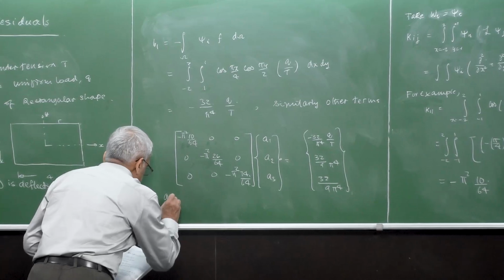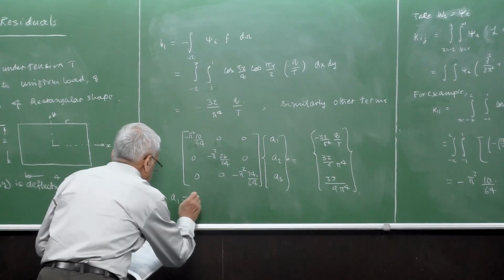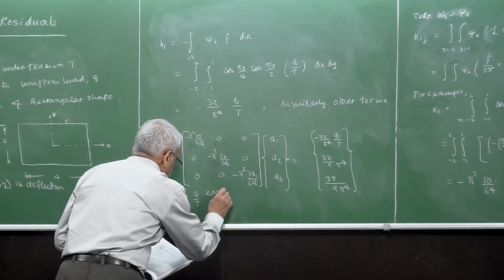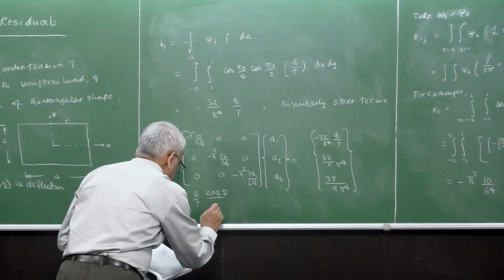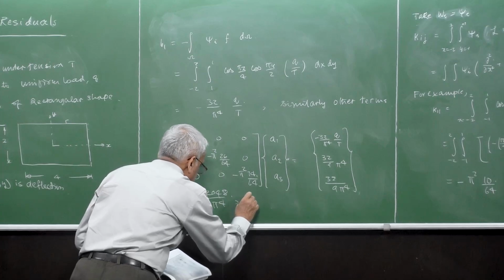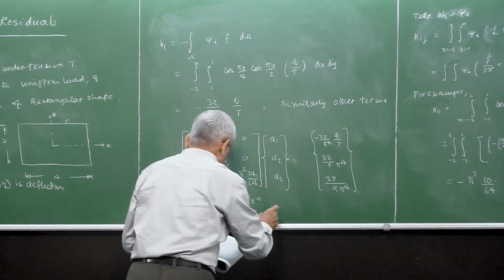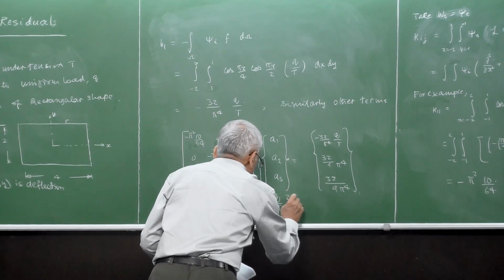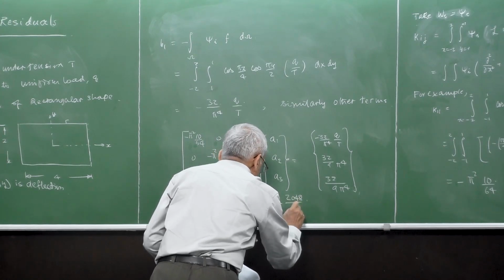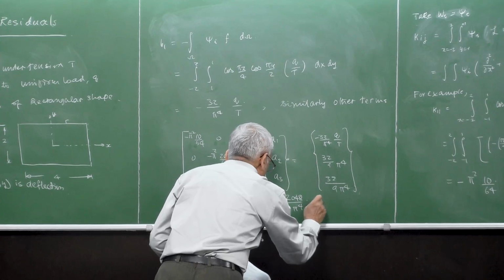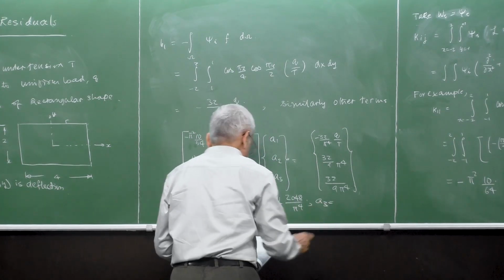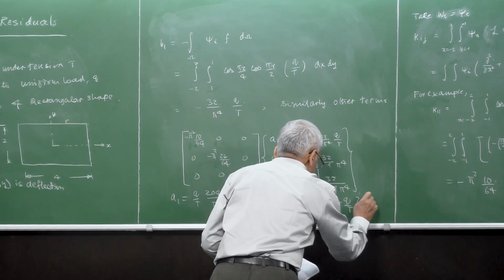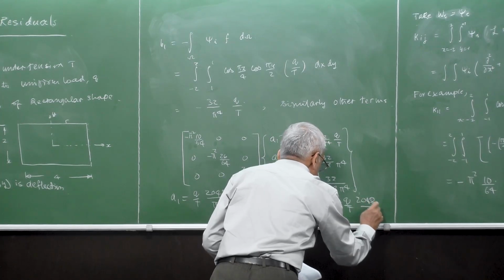All right, so you can continue here. If you solve this, A1 is Q by T times 2048 by 5 by 4, and A2 will turn out to be minus Q by T times 5 to the power 4, and then A3.